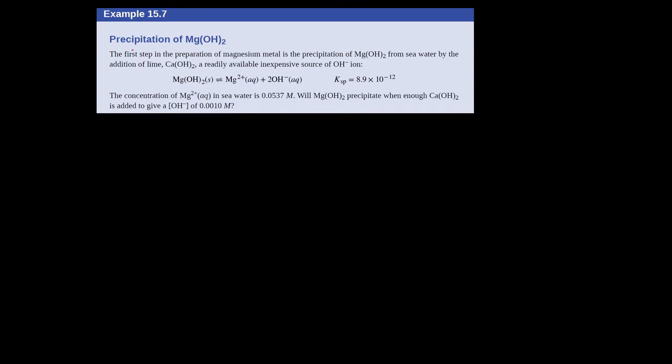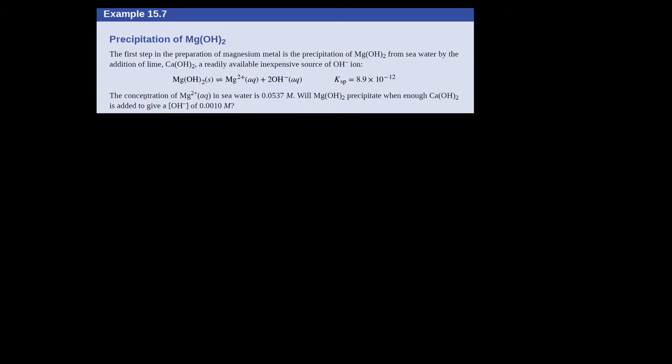So this one says in the first step in the preparation of magnesium metal is the precipitation of magnesium hydroxide from seawater by the addition of lime, a readily available inexpensive source of OH- ions. So they give us the KSP for that reaction here.